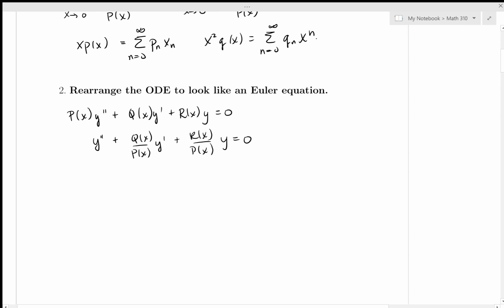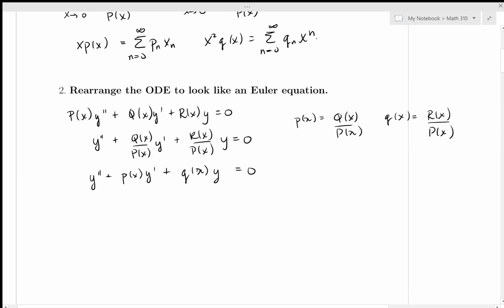There it is. So I have little p of x being capital Q of x over capital P of x, and little q of x being capital R of x over capital P of x. This is similar notation we've used throughout the course. So I'll rewrite that here: y double prime plus little p of x y prime plus little q of x y equals 0.